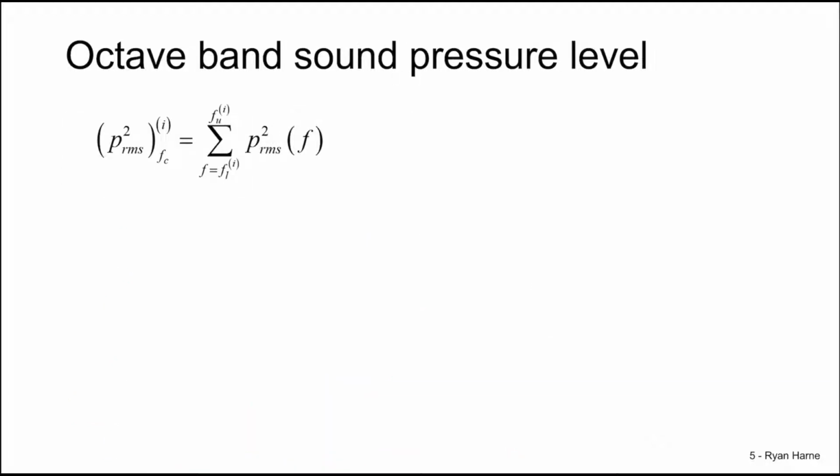Once we have our lower and upper frequency limits for the ith octave band, we can find our overall squared RMS acoustic pressure, which is simply a sum of the RMS squared pressures.